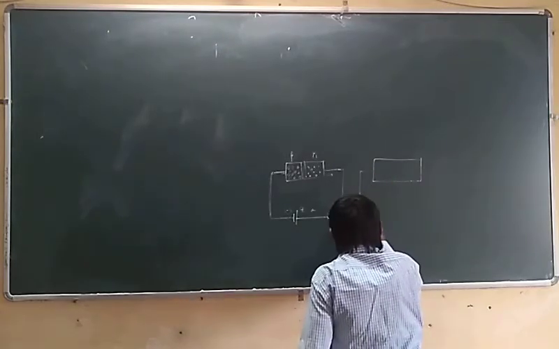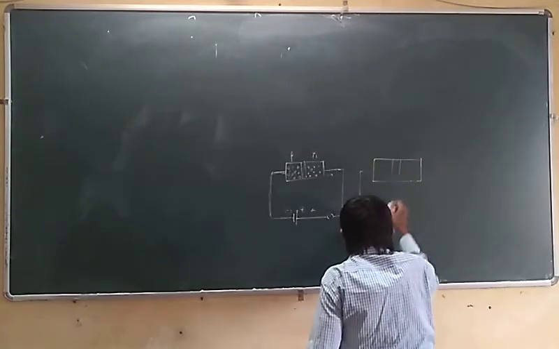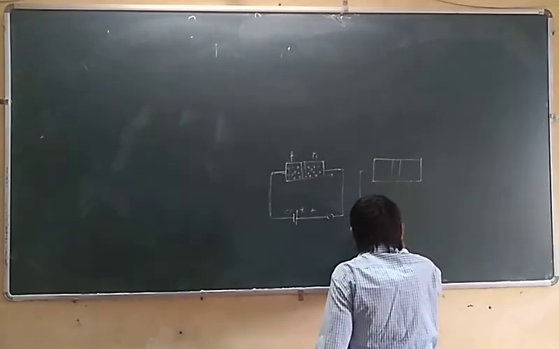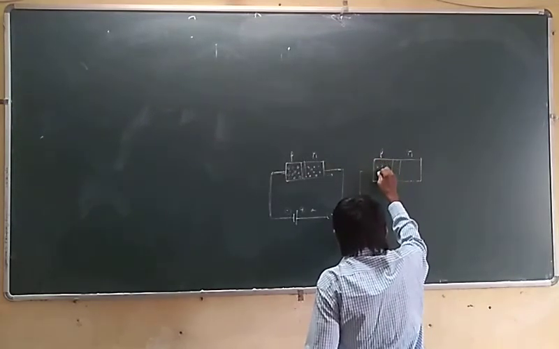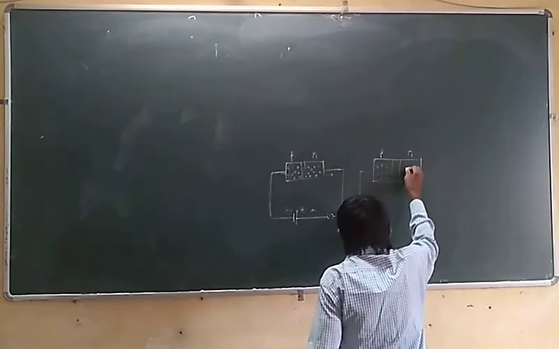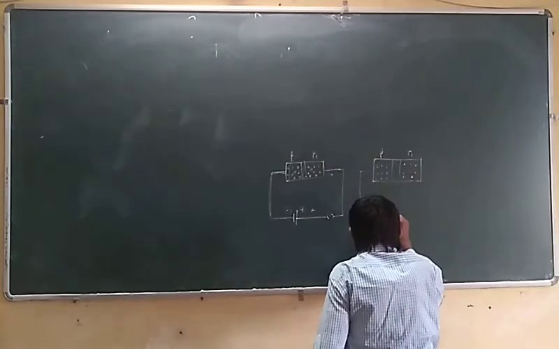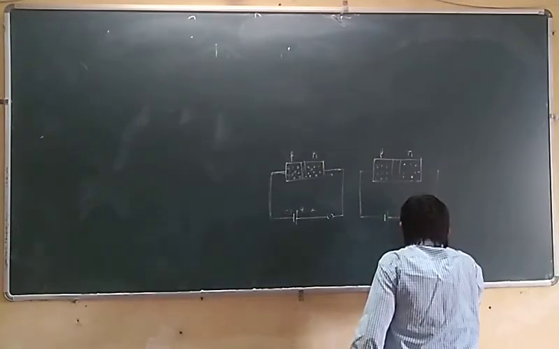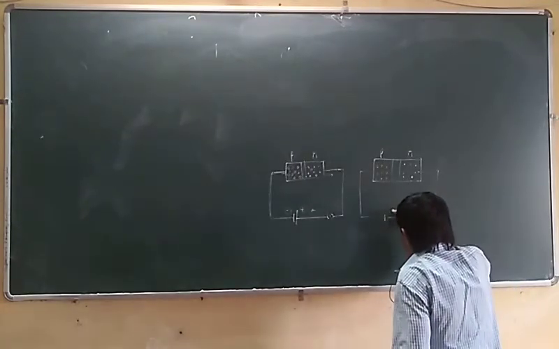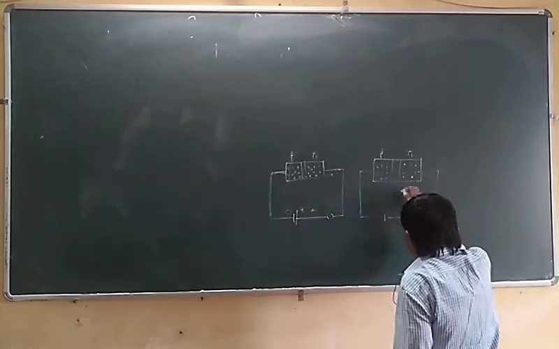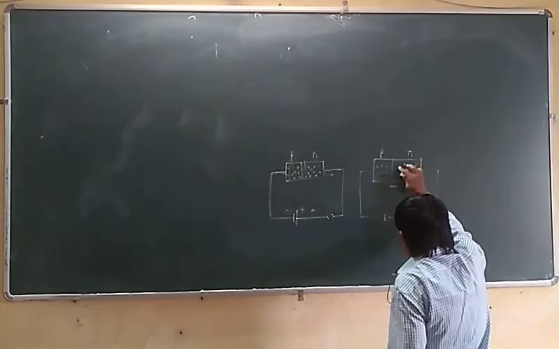When the battery is connected, negative, this is the P material, this is the N material, these are holes, and these are electrons, and this is the positive terminal of the battery. When it is switched on, after this action, the depletion layer will be widened.